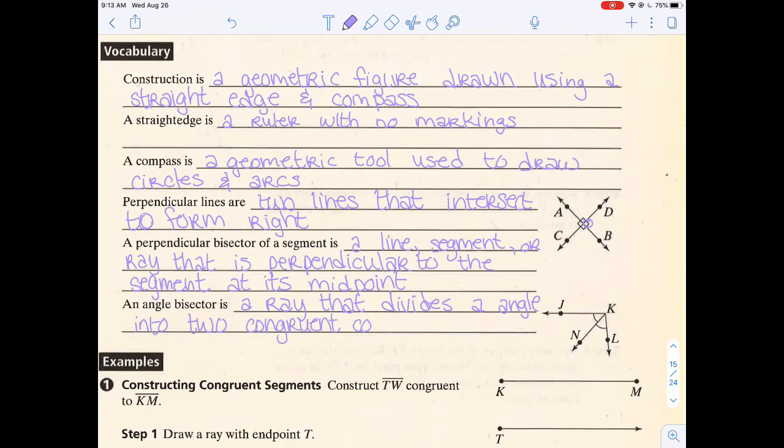And if you remember, coplanar means they're on the same plane, so they're on the same flat surface. So if you look at the little picture, we had angle JKL, and then we have KN, which is the angle bisector, and it splits these two angles into equal coplanar angles.